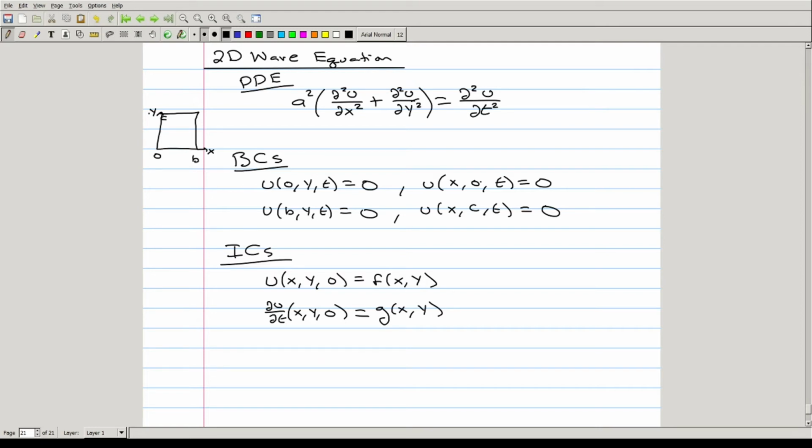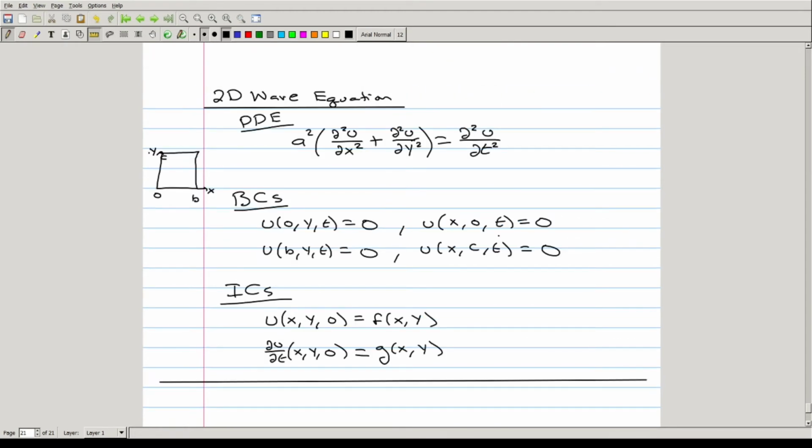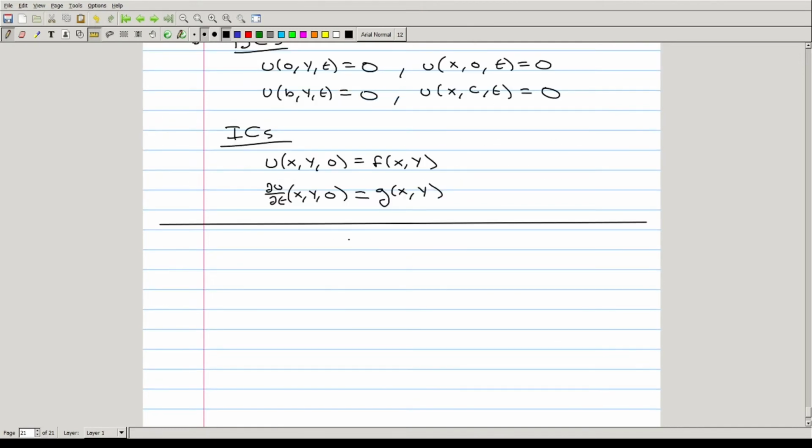And we'll try out our solution procedure that we've talked about before. It's very similar to the solution procedure for the 2D heat equation, only we're going to see that the Sturm-Liouville problems that we end up solving for x and y actually are the same as the heat equation, but the T differential equation is a little bit different.